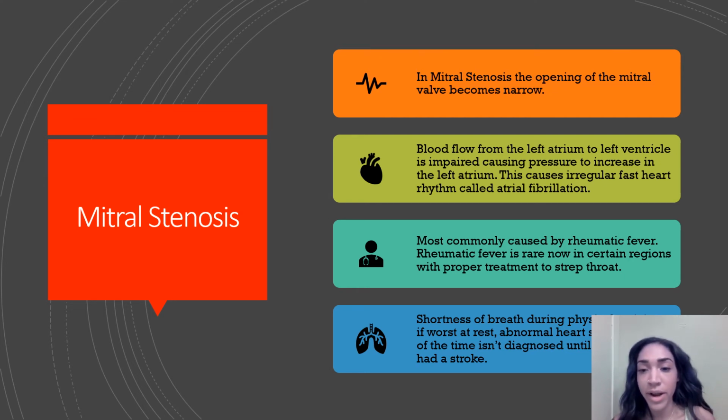Rheumatic fever is now rare in certain regions just due to proper treatment with antibiotics for strep throat that we have now. The symptoms they can have are shortness of breath during physical activity, and if it's worse, it could be at rest. They can have abnormal heart rhythms. And it usually isn't diagnosed until the patient has maybe had a stroke or something of the sort.